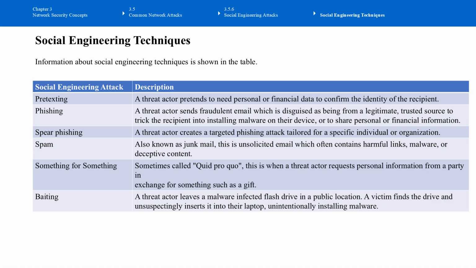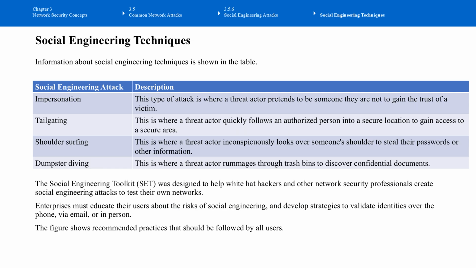Example, leaving an infected USB drive where someone will find it and plug it into a computer. Impersonation. The attacker pretends to be someone else to gain the victim's trust. Example is pretending to be an IT technician.